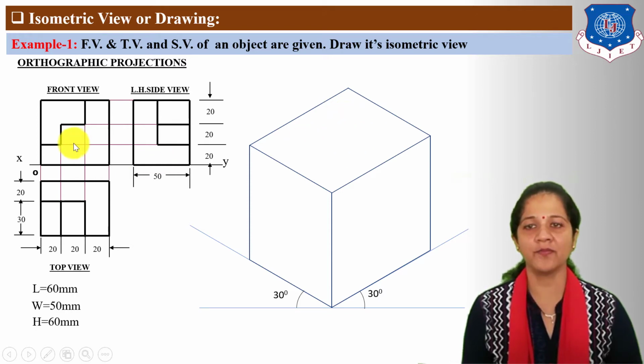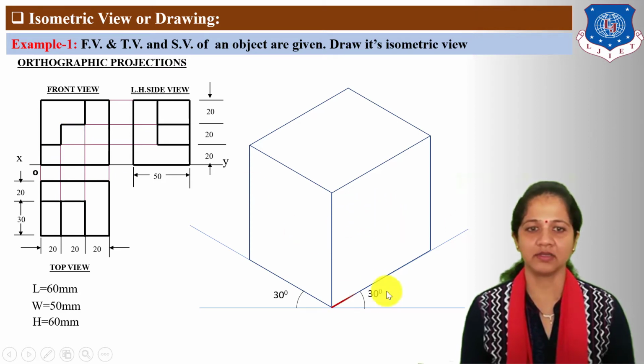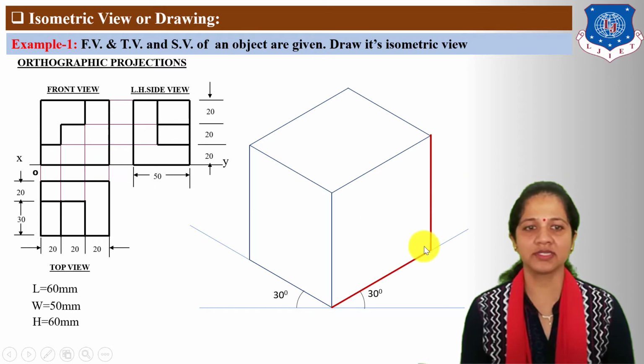First, draw the front view in the front plane. Draw a 60 mm length line on the x-axis. Next, draw a 60 mm height line on the y-axis. Next, draw a 20 mm height line from this point parallel to the height line.